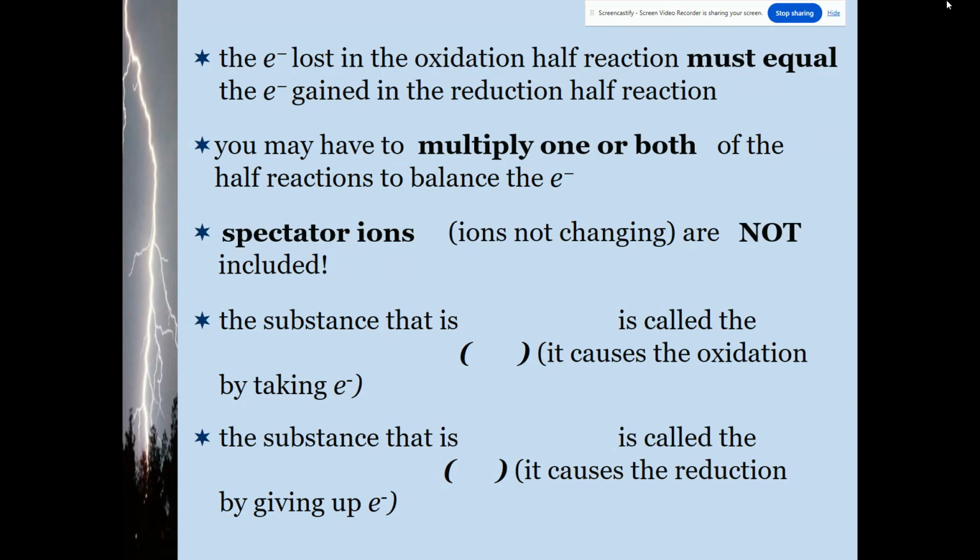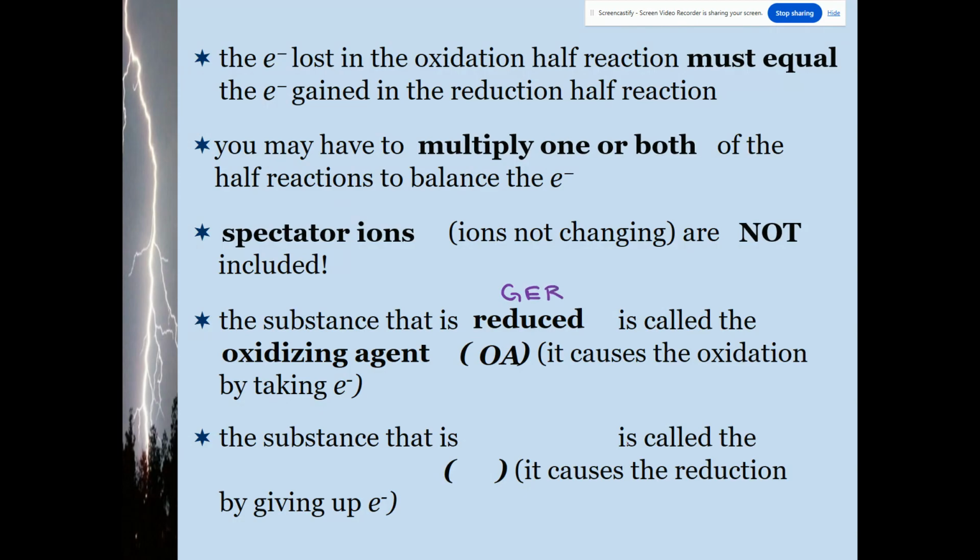Now this is where the terminology gets tricky. The substance that is being reduced, or undergoing reduction, is called the oxidizing agent. So it's backwards, okay? The reason it's called the oxidizing agent is because the substance that is being reduced is gaining electrons.